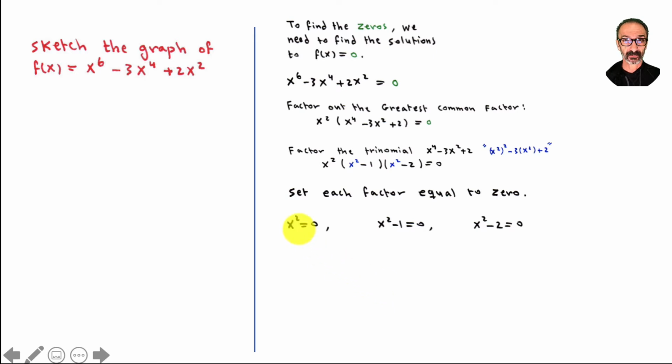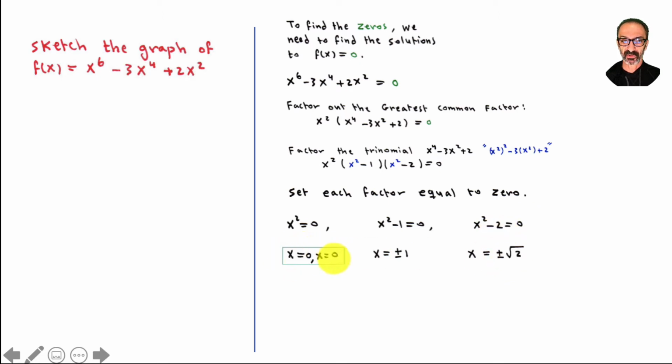This will give you, usually in lower math we just write x equals 0. But this time I'm going to write x equals 0, comma x equals 0, because it's called a repeated root. This one here, when you move the 1, take the square root, plus or minus 1. Move the 2, plus or minus square root of 2.